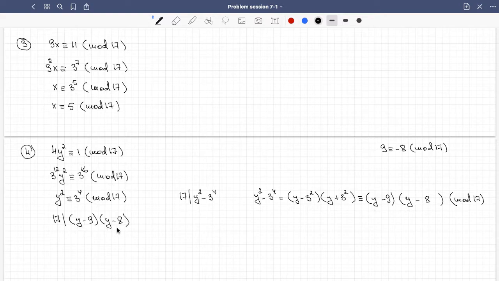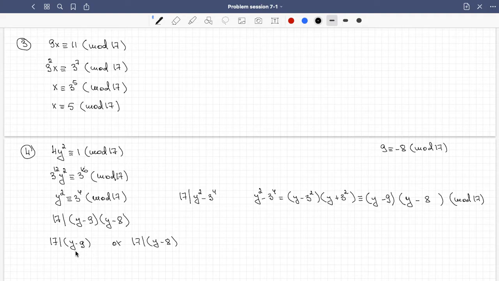Here we go. 17 divides the product. 17 is a prime. A prime divides the product of two numbers means the prime must divide one of them, say by the fundamental theorem of arithmetic. Thus, we got 17 divides y minus 9, or 17 divides y minus 8.